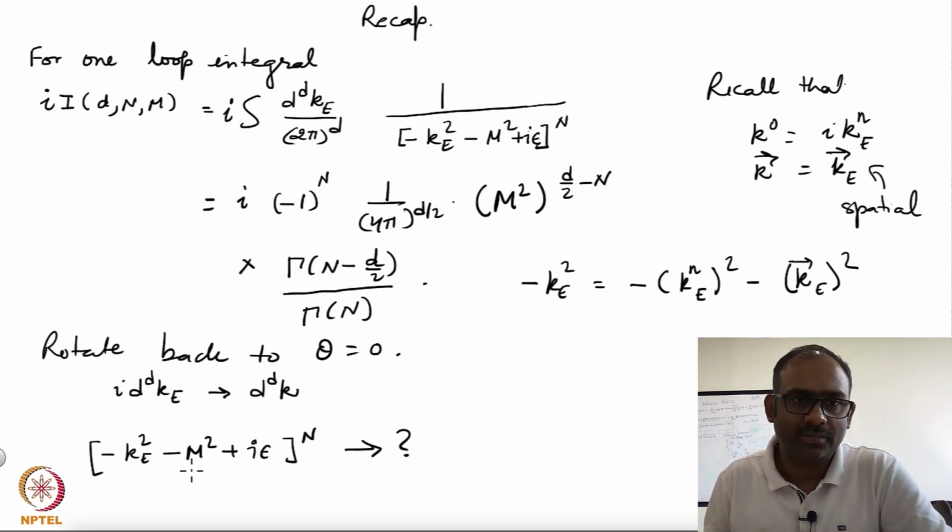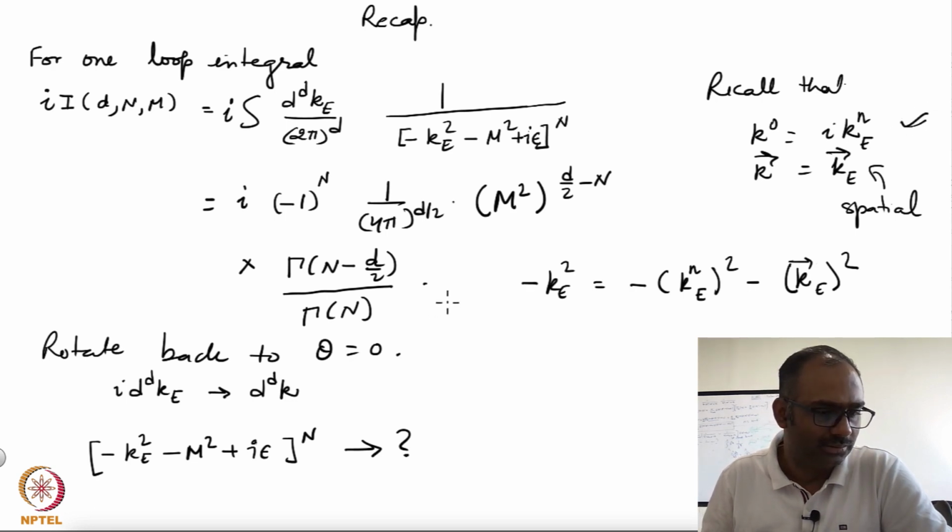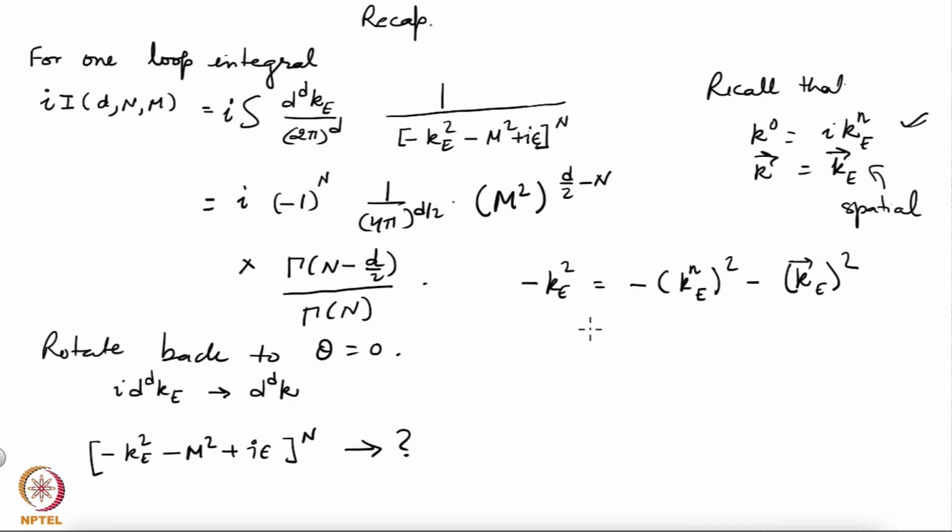So, when you use this, you get that minus k_E square becomes k_E n, that has an i k 0, i square is minus 1. So, that kills this minus 1 and it gives you k 0 square minus k vector square, and this is k square. Okay.